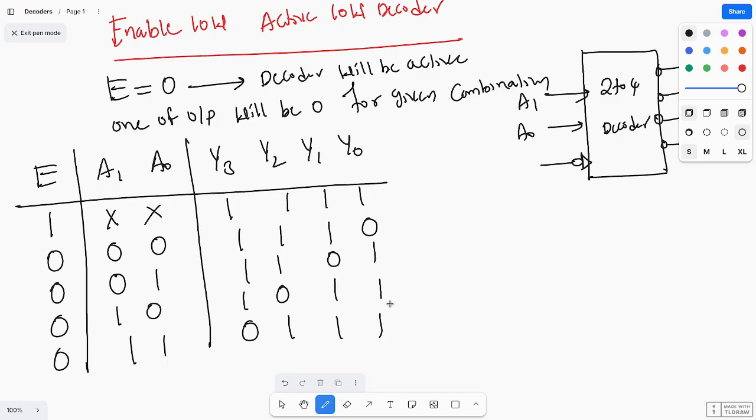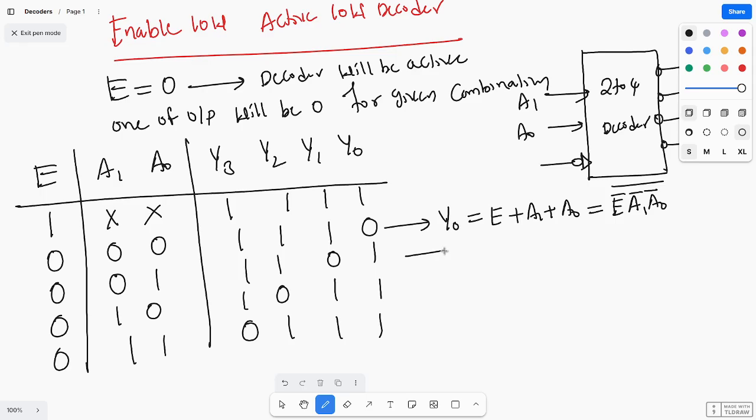If you write the logic expression, Y0 equal to enable plus A1 plus A0. You will get the max terms. If you apply De Morgan's law, what you will get? Enable bar, A1 bar, A0 bar, whole bar.